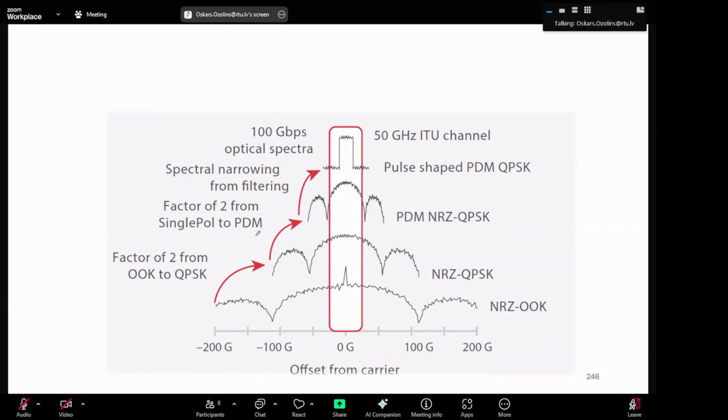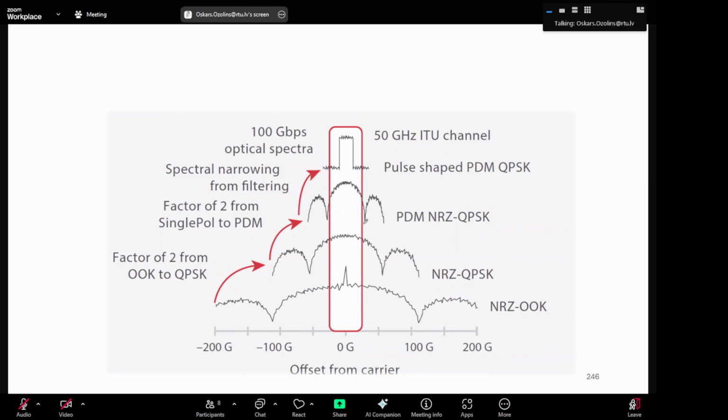Then you can add one more factor of 2, so you can squeeze this 100 gigabits and use only 25 gigahertz. So in this case, it's 50. In this case, it's already 25 gigahertz.